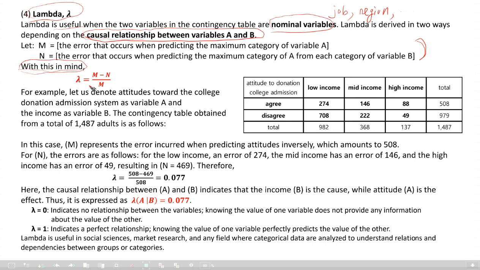Lambda is defined as M minus N divided by M.